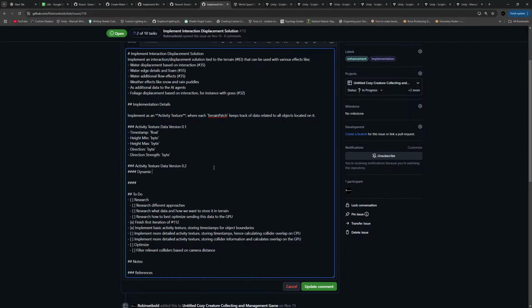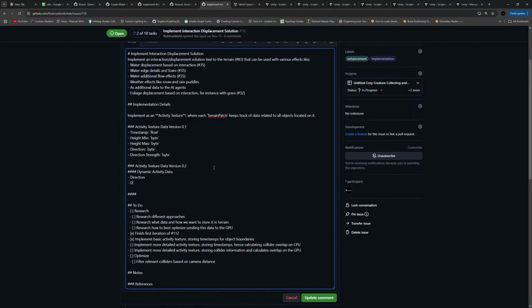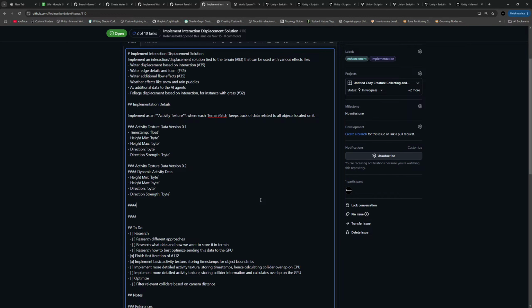So dynamic activity data, direction straight. That's when we want to have all of these. And then I wonder, we don't care about timestamp here. Static activity data.